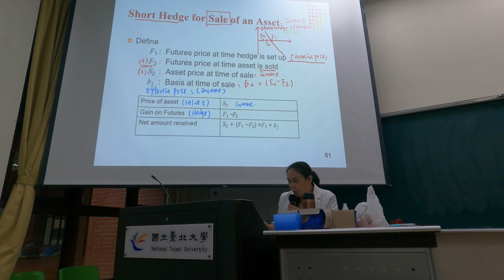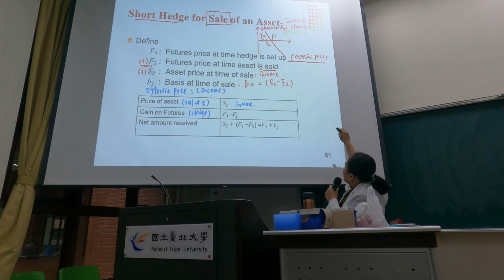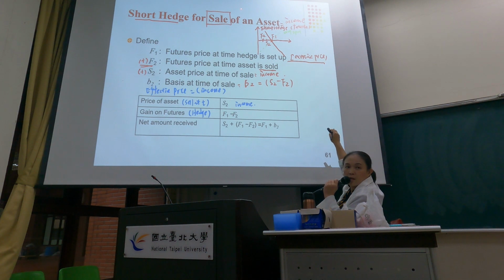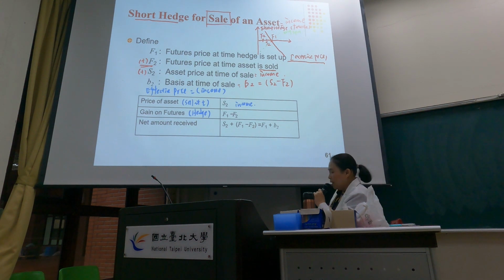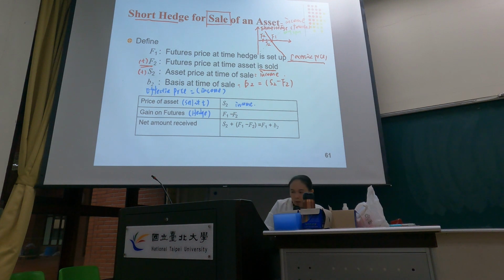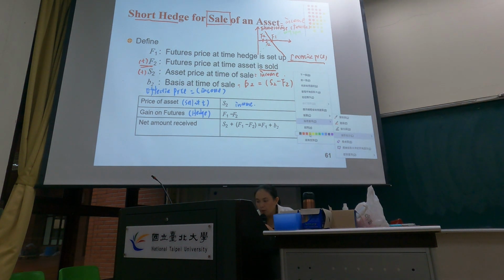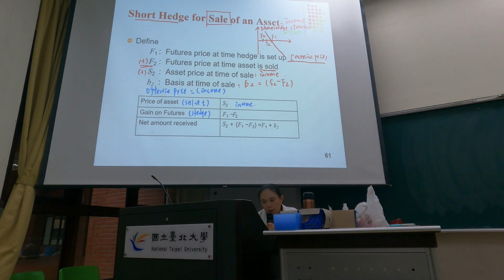So take a look at the red line here. Your gain in the futures equals F1 minus F2, agree? Right? F1 minus F2 is here. That's your gain from the futures position, right? Okay. Now, how much is your effective price? So the third line here is your formula, all right? Effective price.